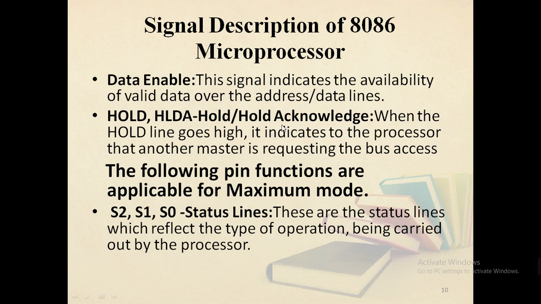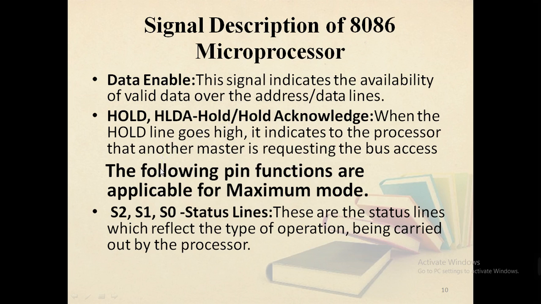Up to this are the minimum mode pins, and now we will discuss the maximum mode pins. But one more pin in minimum mode is hold and hold acknowledgement. When the hold line goes high, it indicates to the processor that another master is requesting bus access.